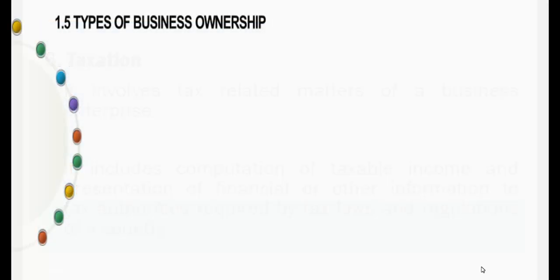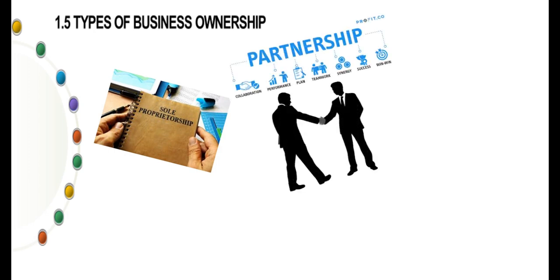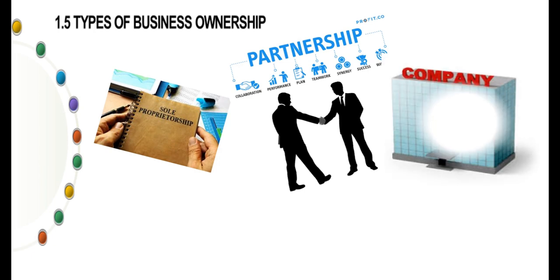Thank you, Sarah dear. Let's proceed to Learning Outcome 1.5, Types of Business Ownership. At this level, we introduce three types of business ownership. 1. Sole proprietorship, also called sole trader. 2. Partnership. 3. Company.